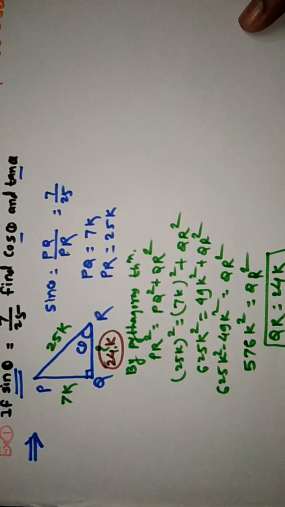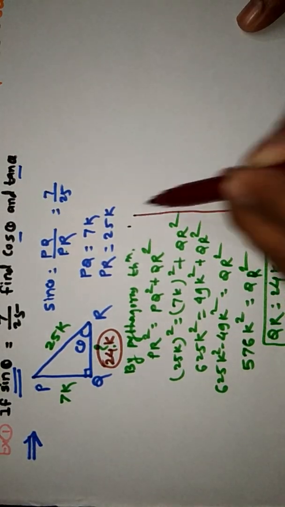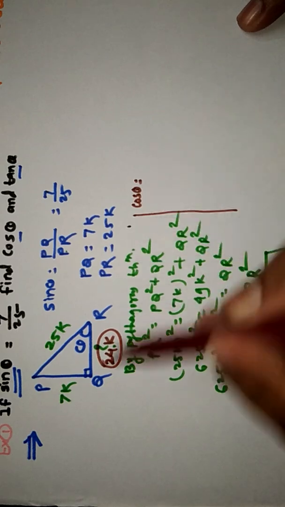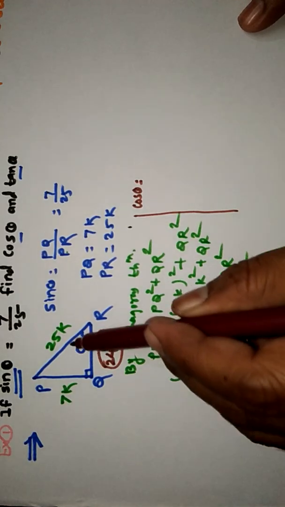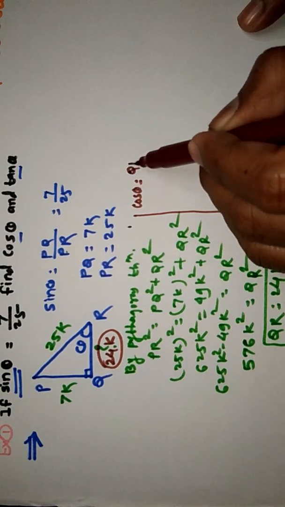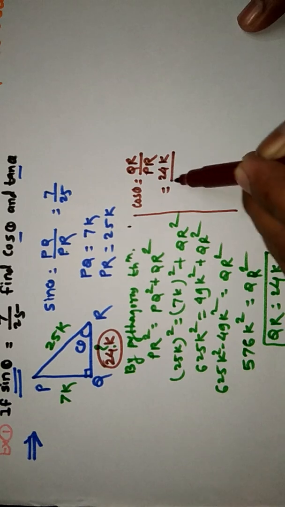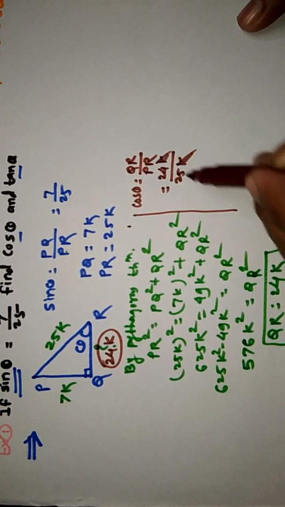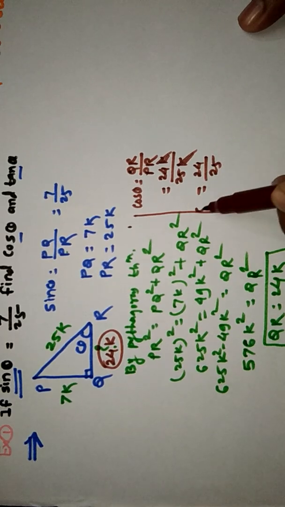Now we want to find cos theta. How can we find cos theta? Cos theta is equal to, first write down the definition, adjacent side upon hypotenuse, QR upon PR, 24K upon 25K. K is cancelled, cos theta is equal to 24 upon 25.